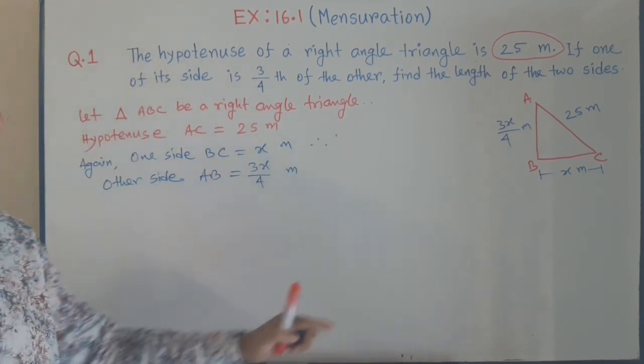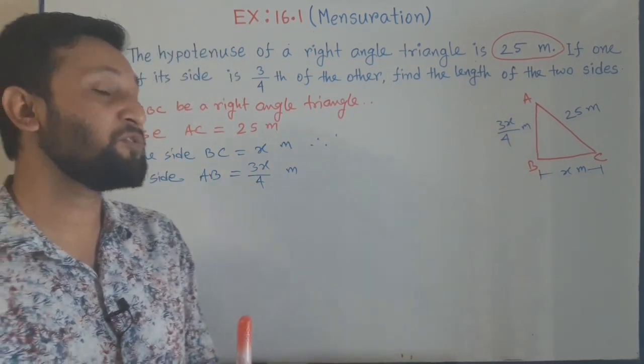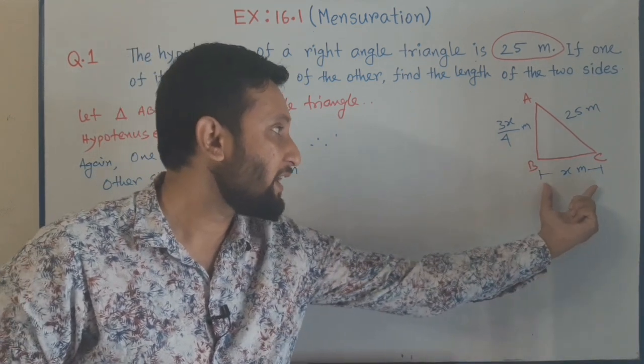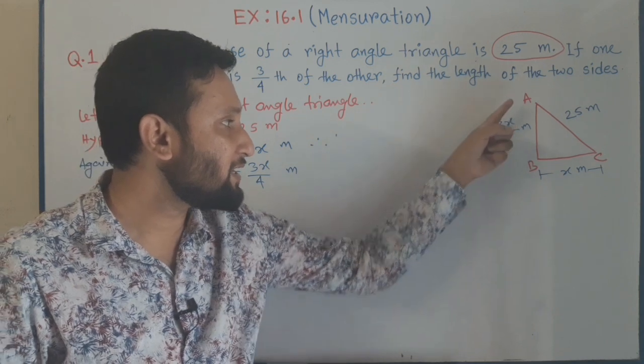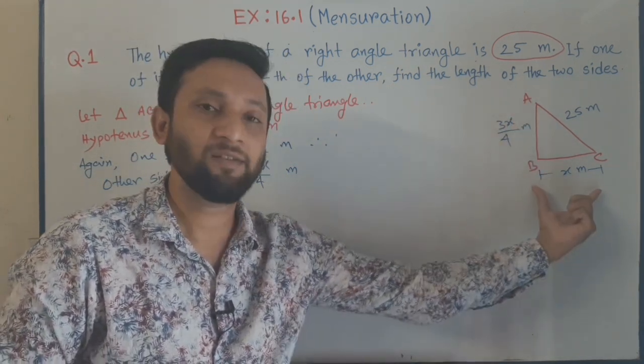Now we can use here the Pythagoras theorem. By using the Pythagoras theorem we can easily find the value of x. So x is one side and the other side is 3x/4. We have to identify the side lengths of AB and BC.